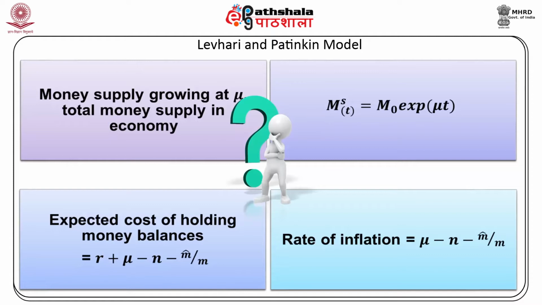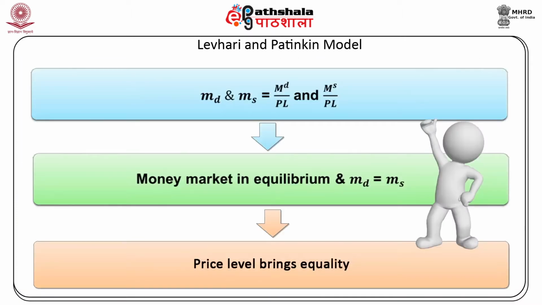Here, the rate of inflation is equal to μ − n − m hat/m. The symbols M_D and M_S are equal to M_D/PL and M_S/PL respectively. It is assumed that the money market is in equilibrium and M_D is equal to M_S. Further, it is also assumed that it is the price level that brings this equality.